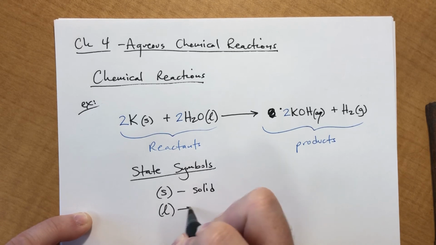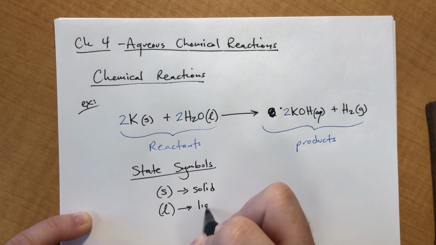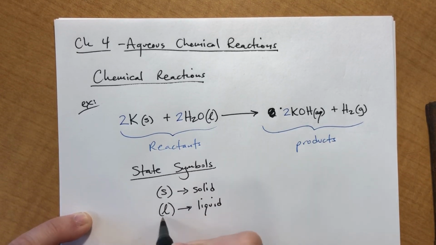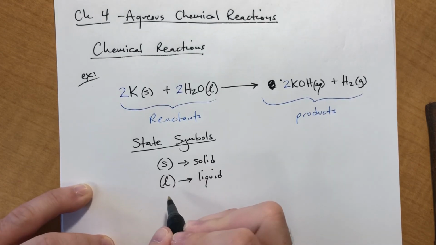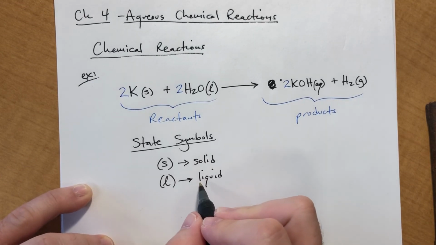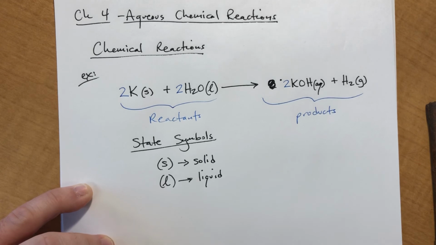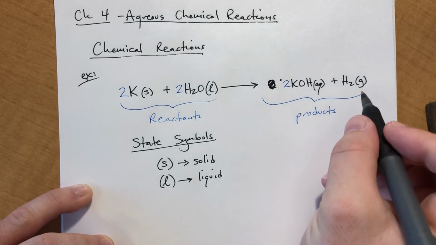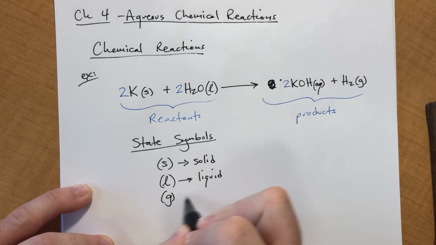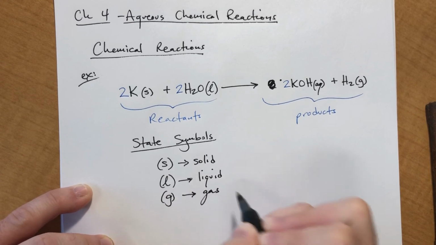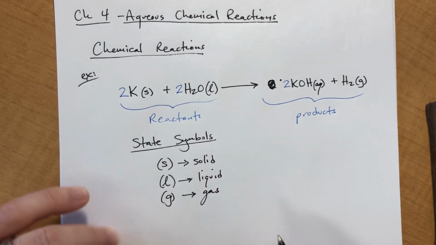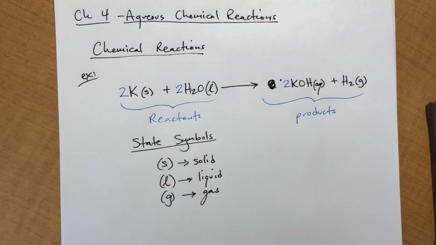L means liquid. I write my L's in cursive in here. You don't have to. I'm only doing it because my L's typically look like 1s, and there's enough letters and numbers floating around together that I need to distinguish it. G is gas, so solid, liquid, gas. Those seem like the really obvious ones. They're the 3 main states of matter that we encounter in chemistry. Plasma is technically an option, but we're going to ignore it.